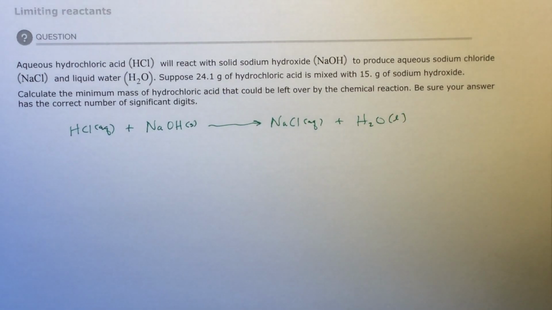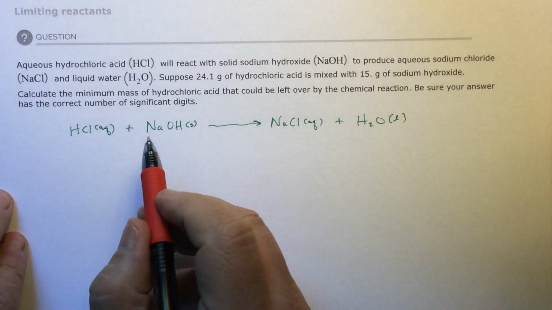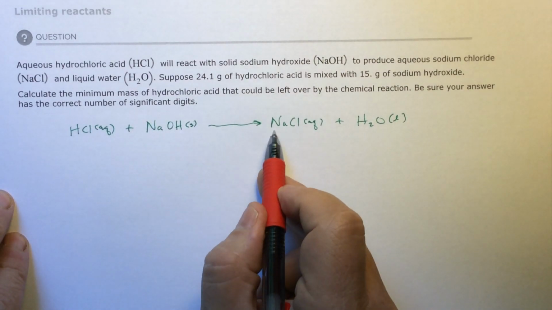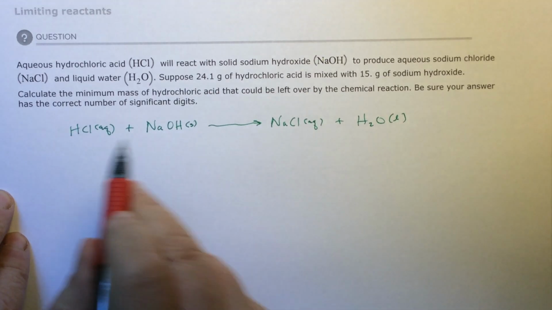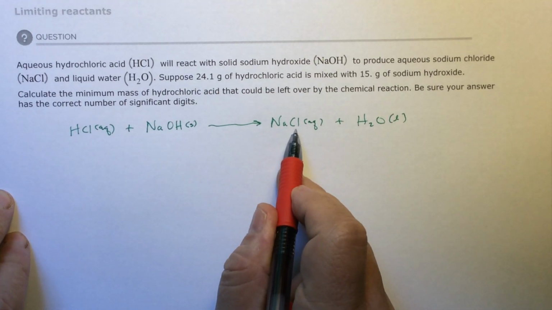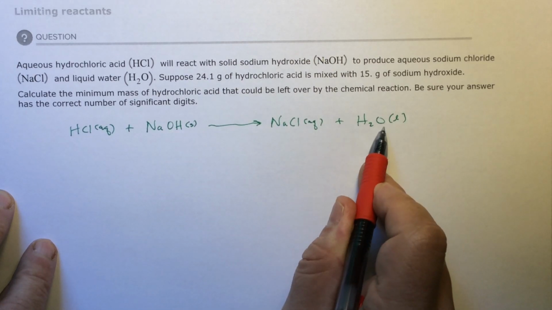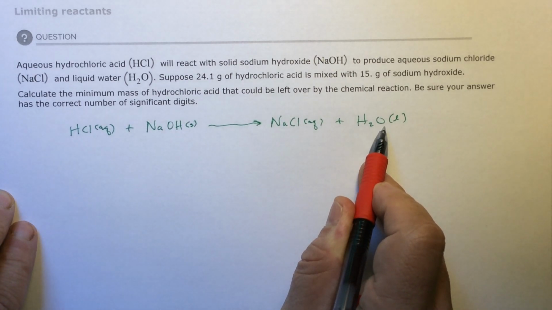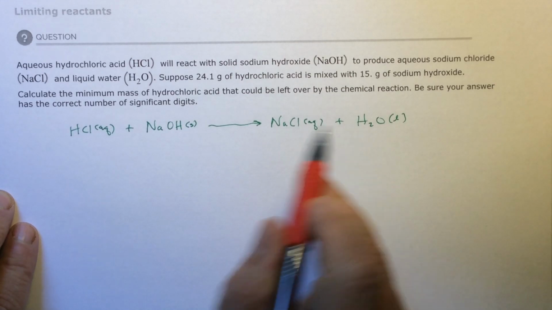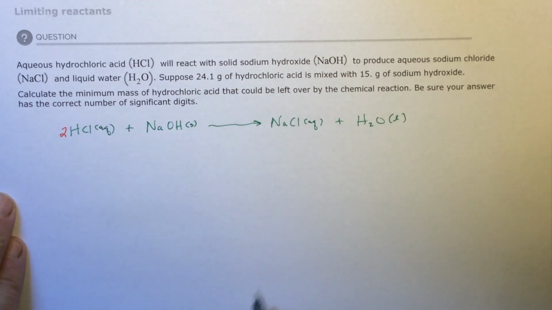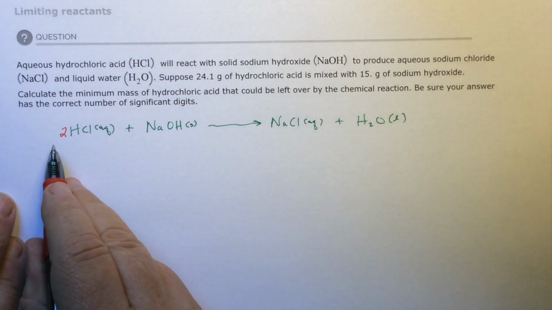Alright, so let's quickly balance this equation. Let's start with sodium, sodium and sodium. Okay, let's do chlorine. Chlorine and chlorine is fine. Let's do oxygen, oxygen and oxygen. Okay, let's do hydrogen. Hydrogen is 2 here, so that's 2 here.